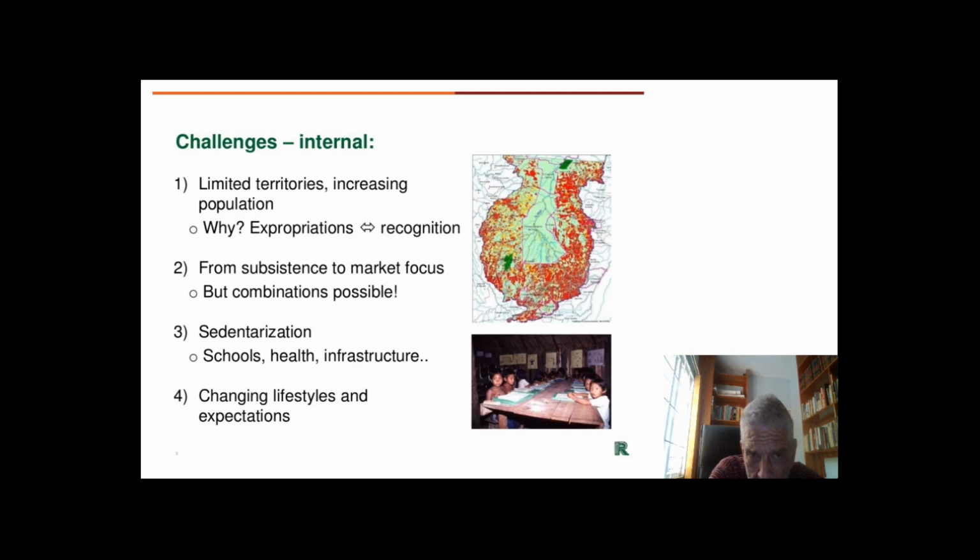There's also the challenge of moving from subsistence farming to a market focus. The shifting farmers are purely subsistence farmers, and there's an incentive for them to make food for the market.